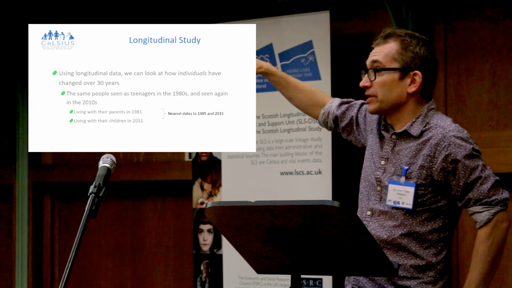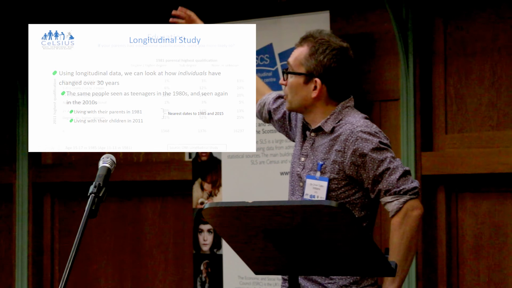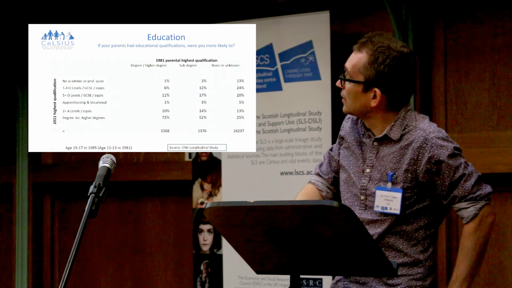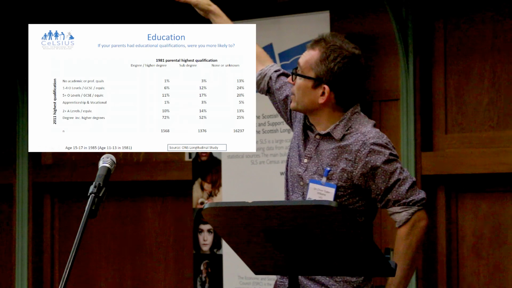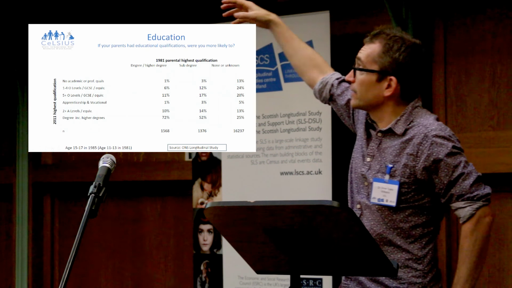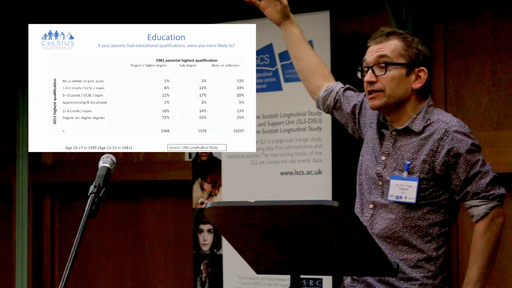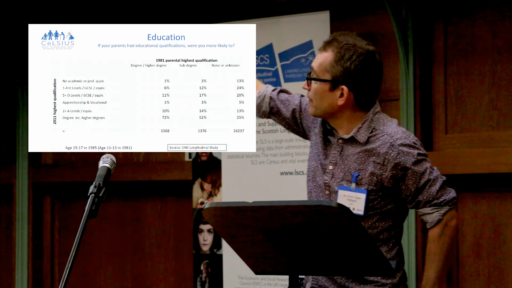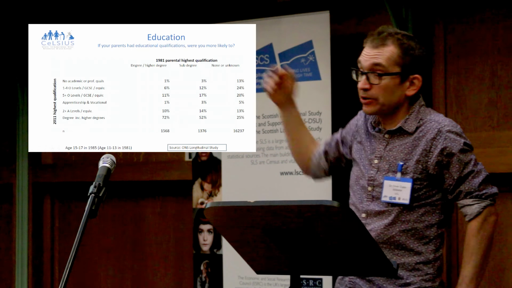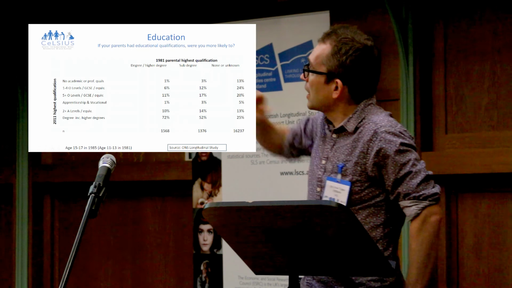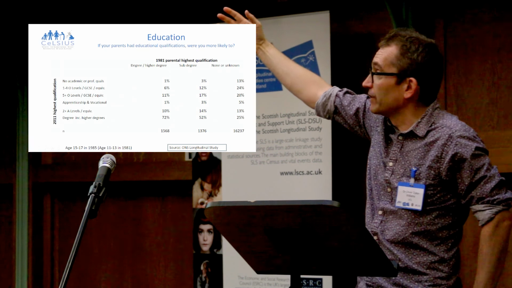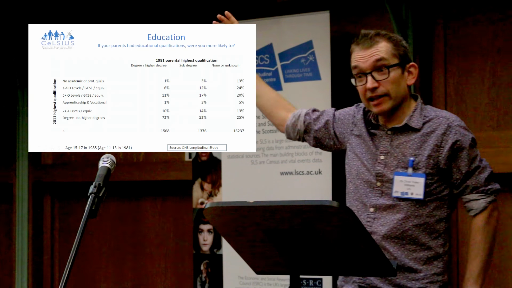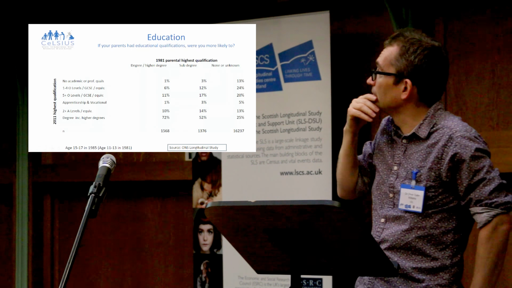And in the film, there's a question of how much education Marty has and how much his family has. So what we did is to compare the highest level of educational qualification that someone's parents had in 1981 with the level of education that they had in 2011. We see in the first column, if your parents in the 1980s had a degree, then you're really likely to have a degree as well.